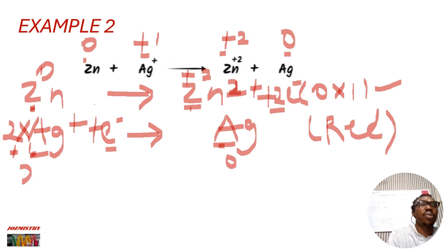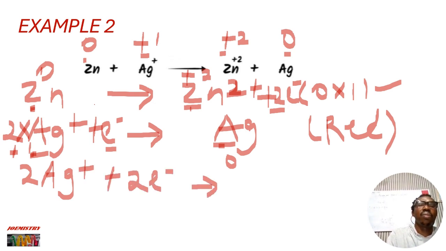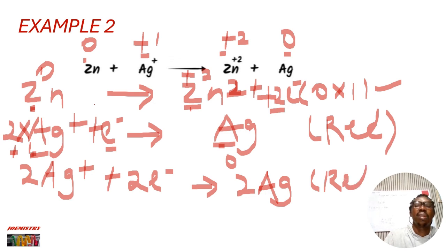So we have 2 moles of silver ion plus 2 moles of electrons to give you 2 moles of silver. So electron gain on the reduction half cell is 2 and electron loss on the oxidation half cell is 2. So electron gain and electron loss is now balanced.